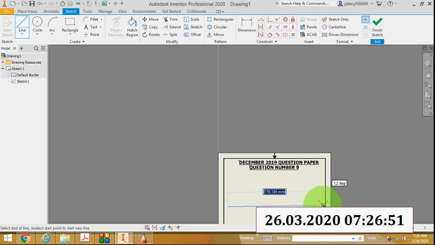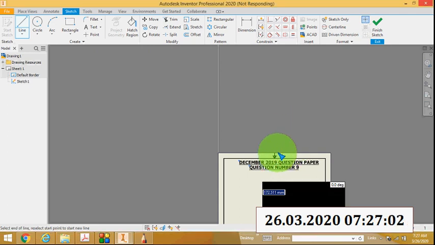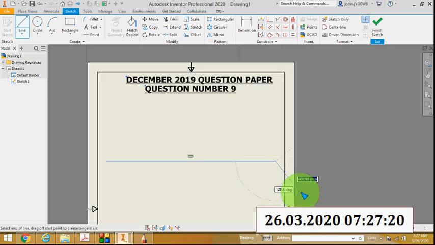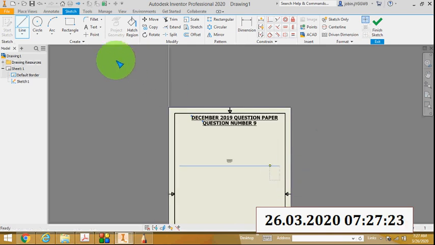So I will draw a line, and then I will name this line as picture plane, that is PP.